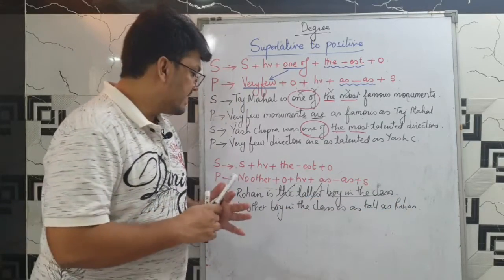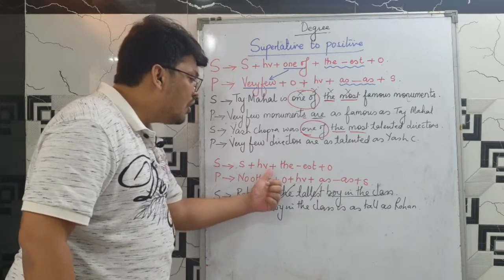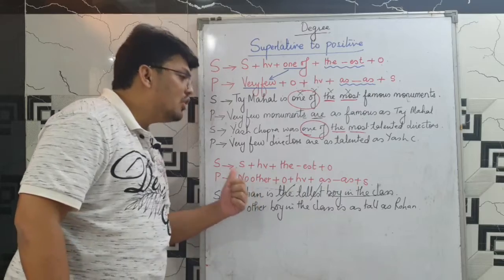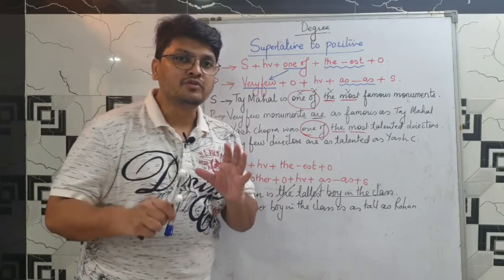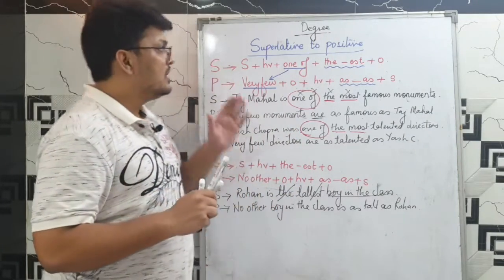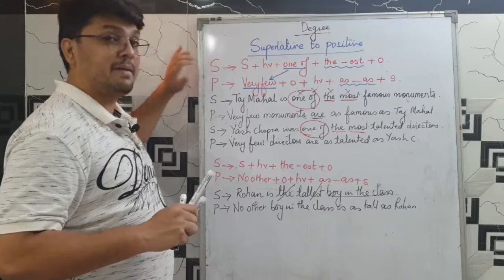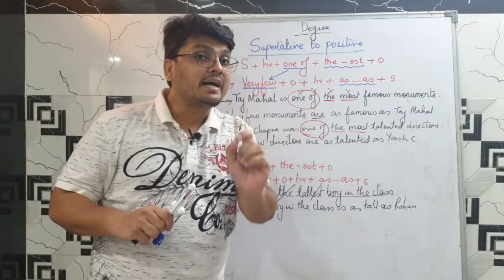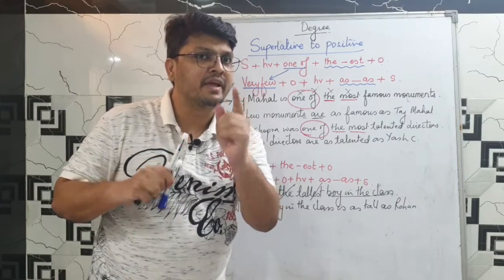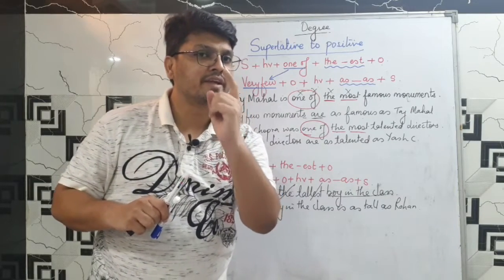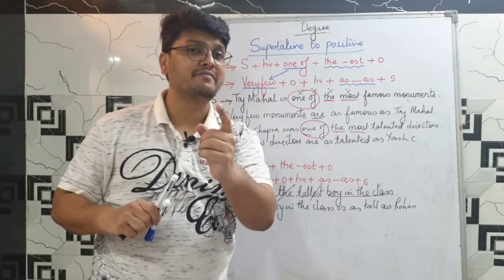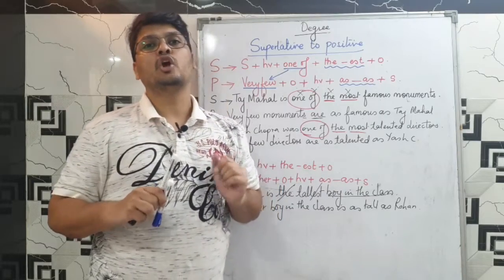So you have seen, students, that if there is no one of in superlative degree, I started the positive degree with no other. So don't get confused, students, about when to use very few and when to use no other. This one-of type of superlative degree is asked in your board examination. So whenever you see one of in superlative degree, start the positive degree with very few. And if you do not see one of, start the positive degree with no other.